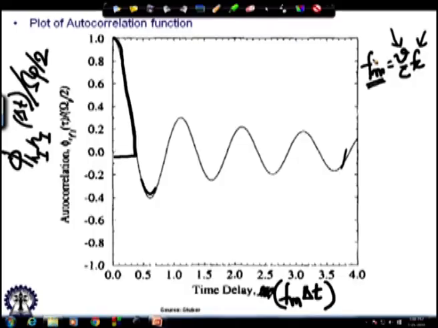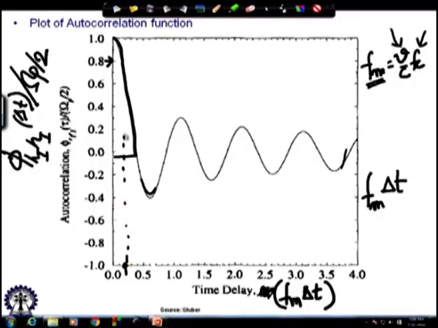So what we see here is, as f_m increases, a particular value of coherence appears at a much smaller duration of f_m delta t. Let's read one point.